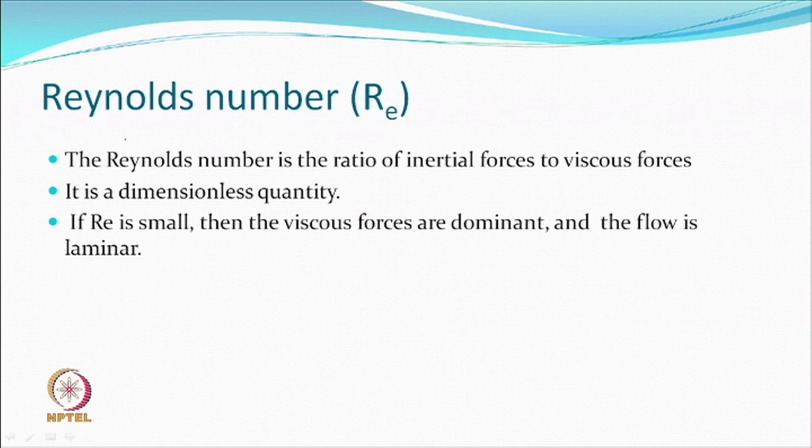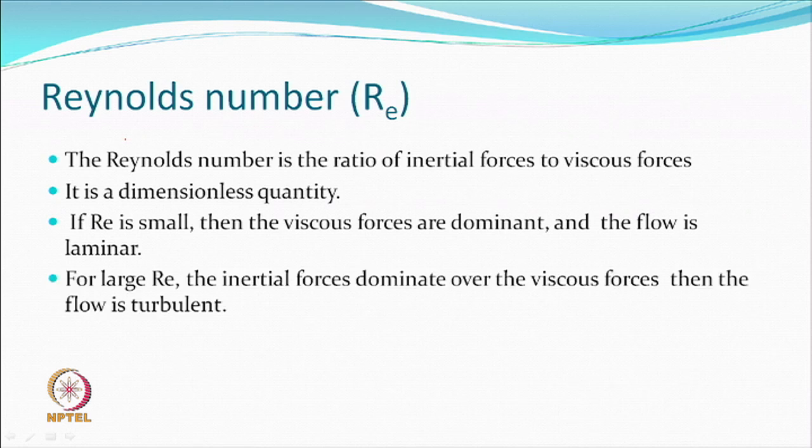If the Reynolds number is small, then it means that the viscous forces are dominant and the flow will be laminar. On the other hand, if it is large, that means inertial forces dominate over the viscous forces and the flow will be turbulent.